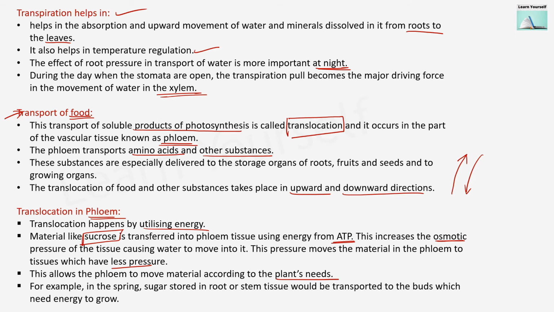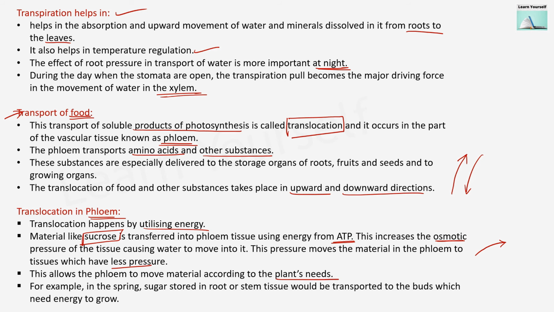So whatever tissues have very little pressure, having very little food material in them, the phloem tissue will circulate food particles or sucrose particles to that tissue. So phloem will distribute that food particle according to their need.